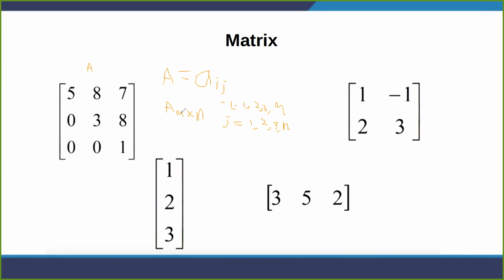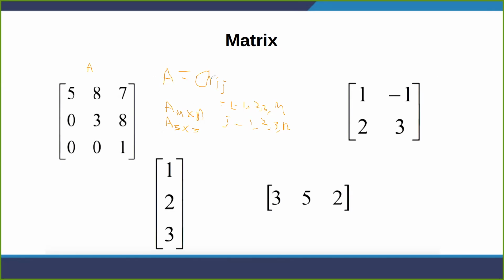So m is the number of rows, and n is the number of columns. Here it is three. So this is A, three cross three.